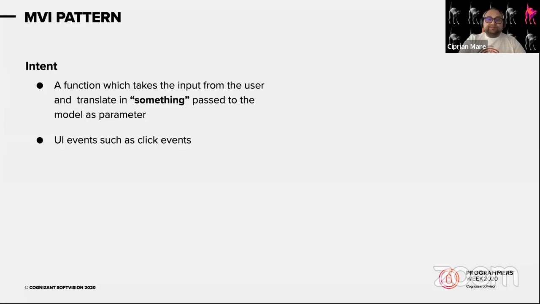This can be user interface events, such as click events, application events, such as an onActivityResult callback, a simple string, or a more complex data structure like an object. We can say that we have the intention to change the model with an intent.